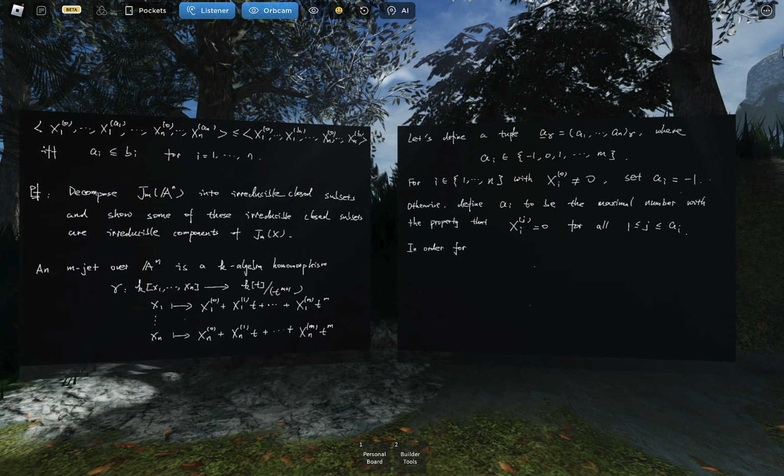Again, in order for this m-jet over affine space to be an m-jet over X, we need the following equation: gamma(x1, u1, ..., xn, un) equals 0 in this ring.